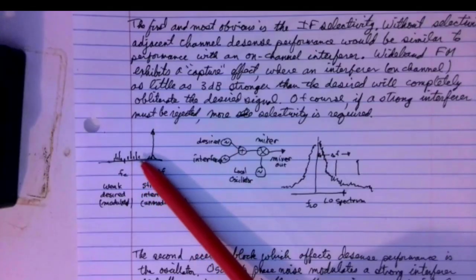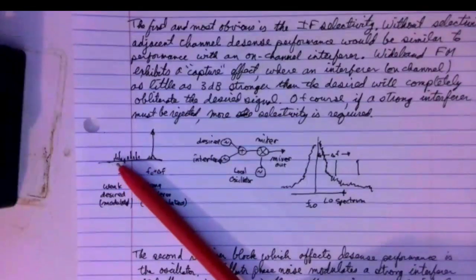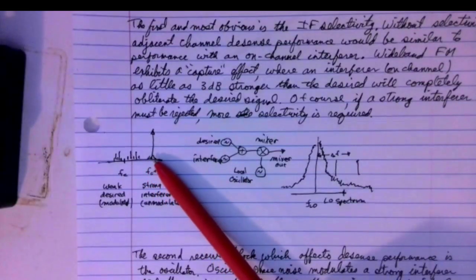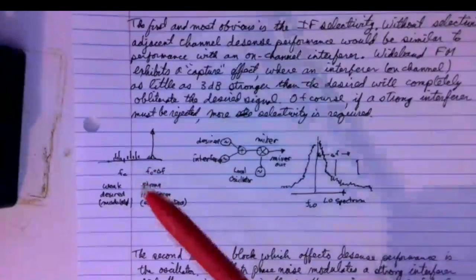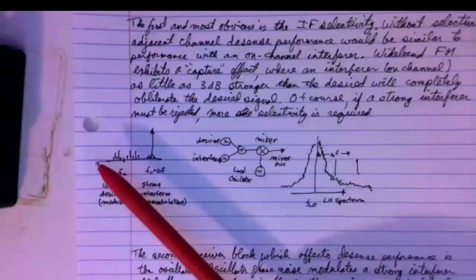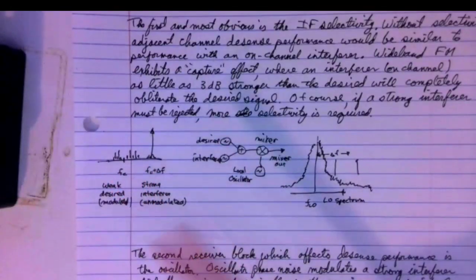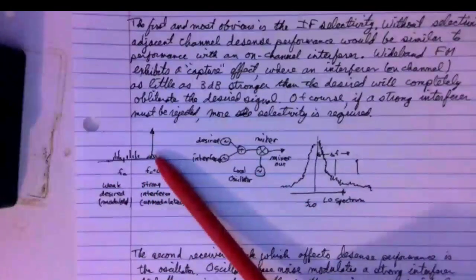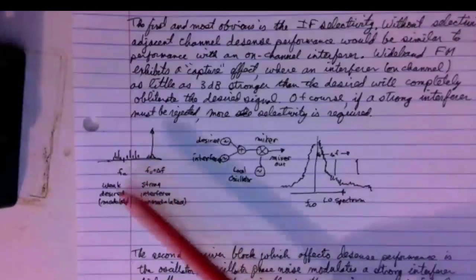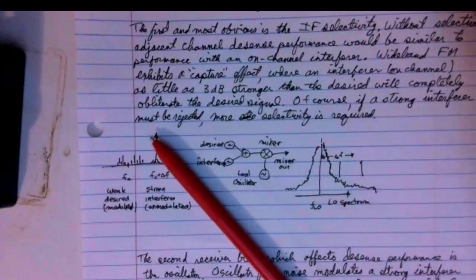This is your desired weak input signal, FM modulated with a strong interferer on the high side. And of course the interferer could be on the low side too, but just for this example, we're putting it on the high side. And maybe relatively close in frequency, maybe on the adjacent channel.